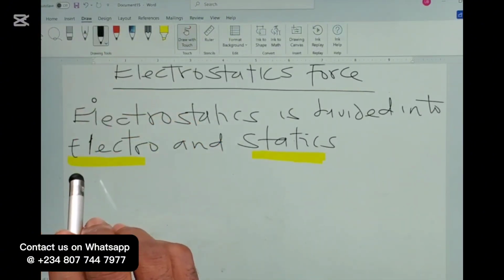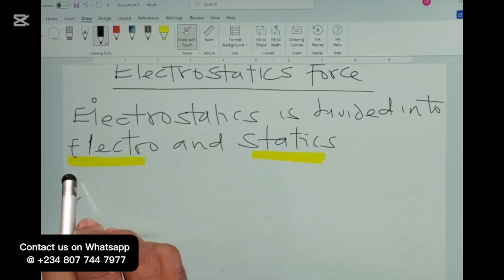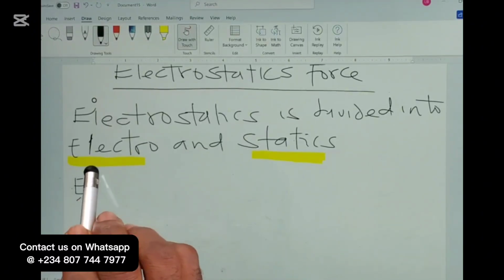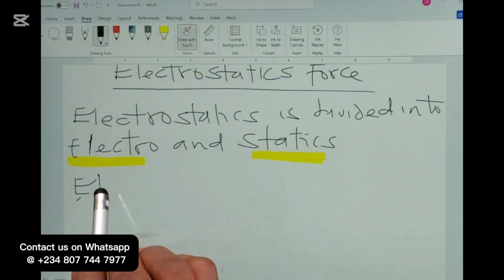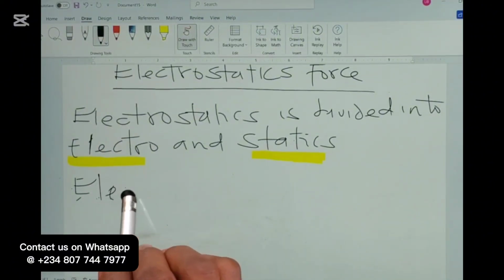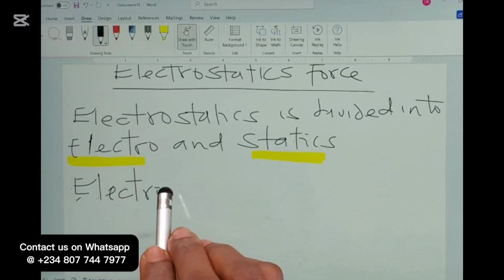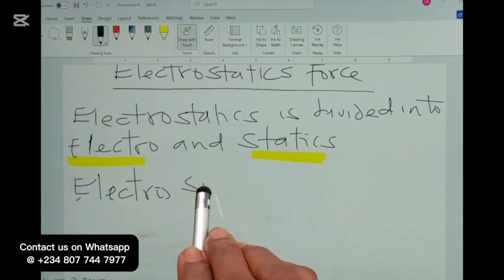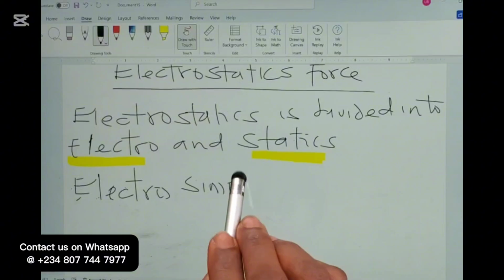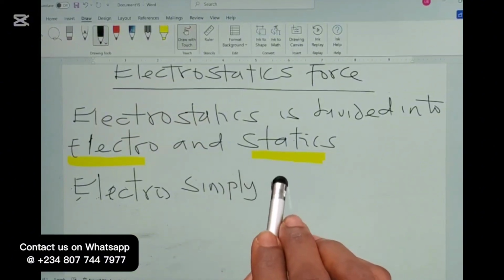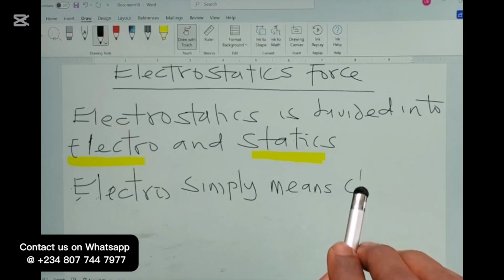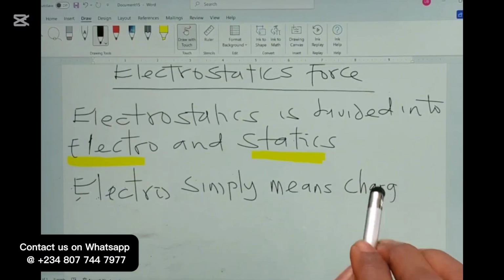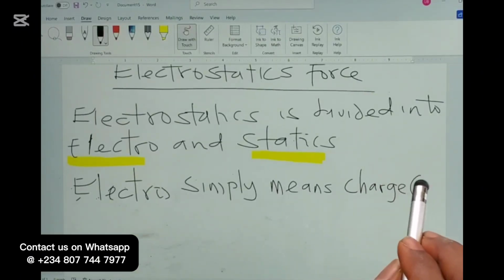Please write electron. Electron simply means charge or charges.